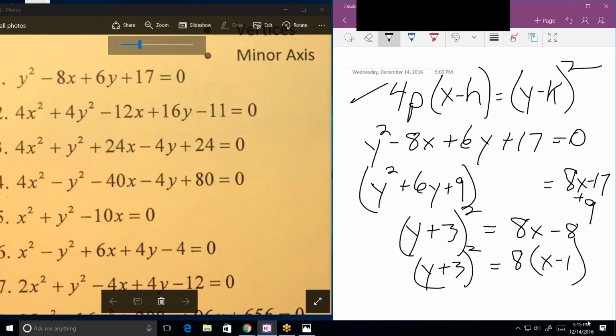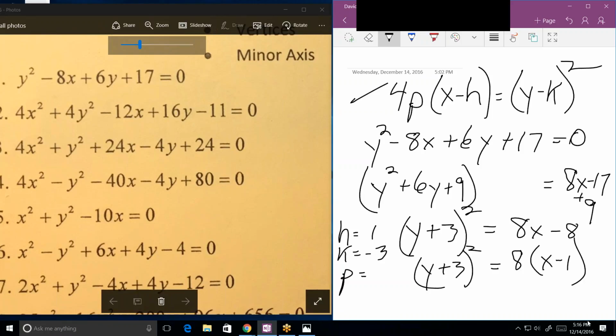And then h and k? k is 3 and h is 1. K is negative 3 and h is 1. And what is p?